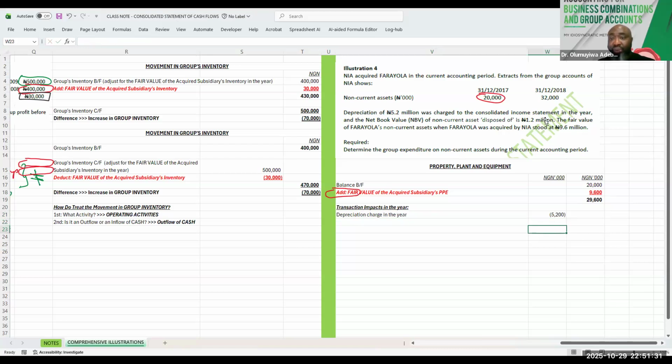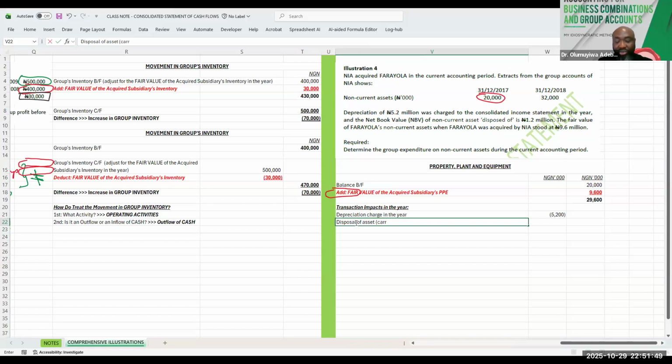Second one is disposal in the year. The carrying amount of assets we disposed in that year was 1.2. What will it have as effect? The disposal of assets.